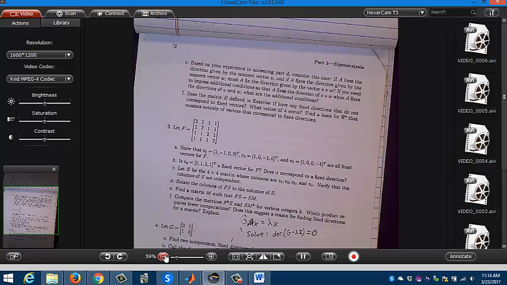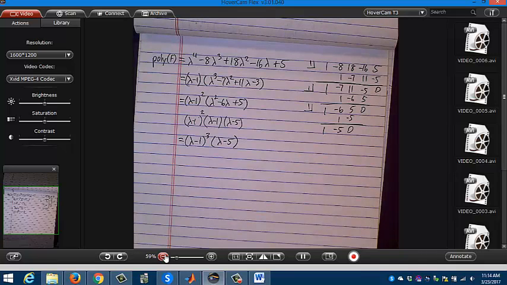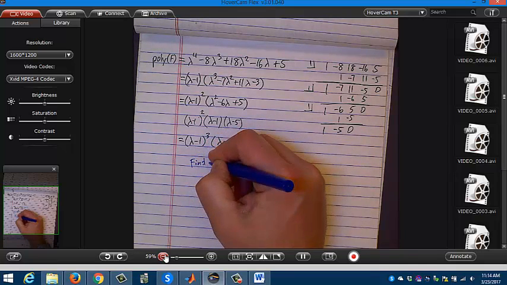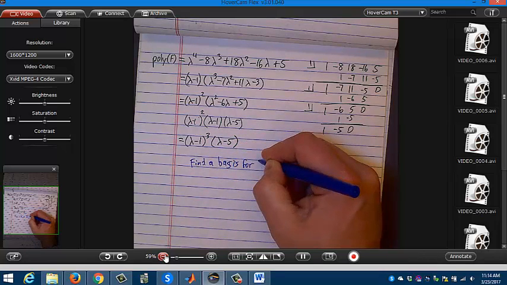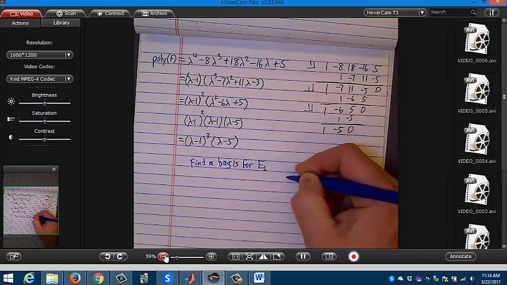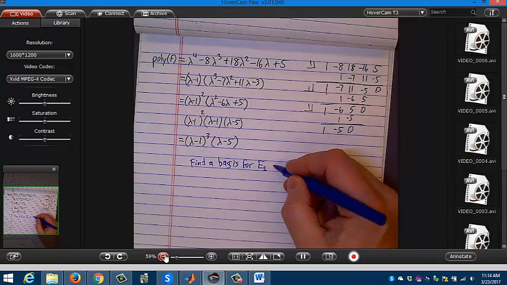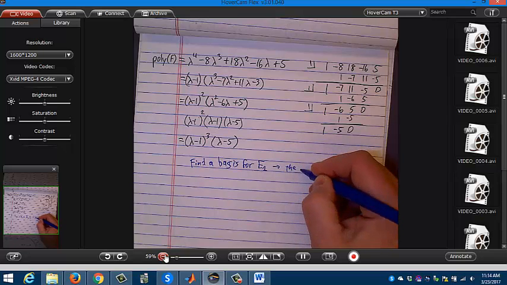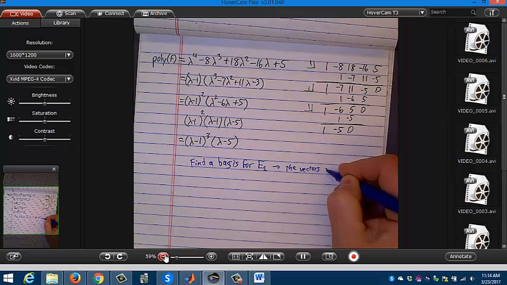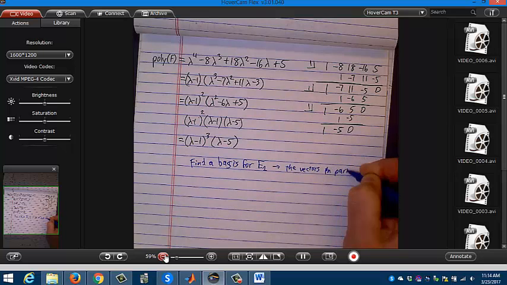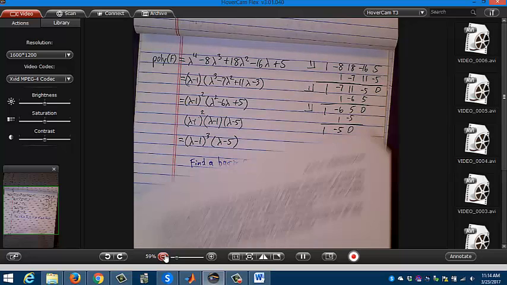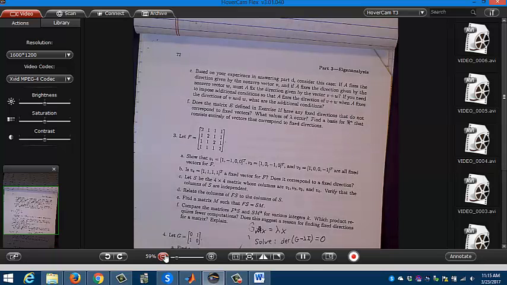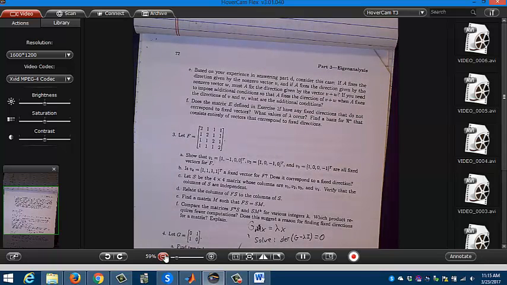If I went through the calculation where we find a basis for the eigenspace associated to 1, that's a long calculation. What we could use are the vectors in part A. We might get multiples of those, but what you could use as a basis would be the vectors in part A. That make sense? Yep. And it means that F is diagonalizable.